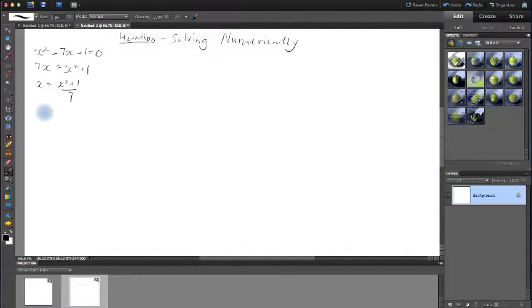So we're solving the simultaneous equations of y equals x and y equals x squared plus 1 over 7. Another way to think about it is we're finding values of x so that this equation here is actually true.